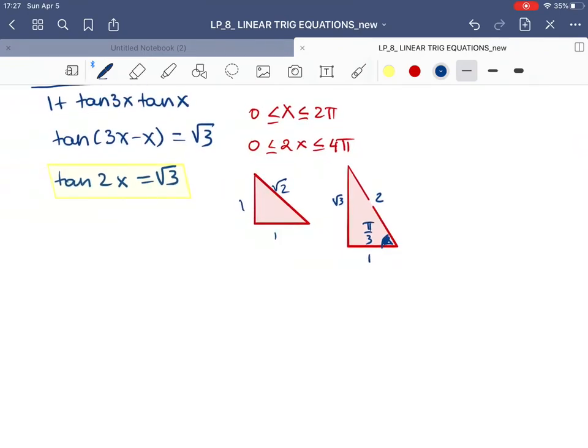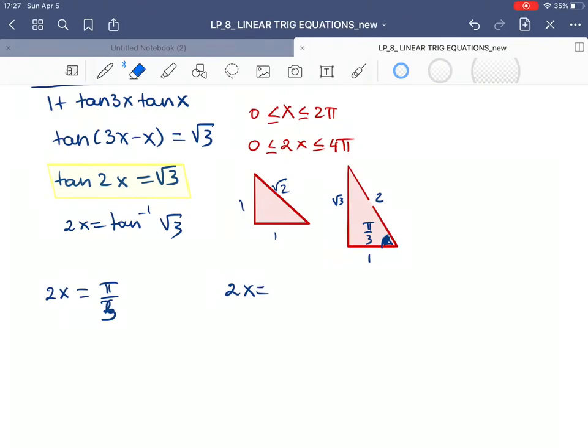Okay, so we're going to list our solutions. So we're going to say 2x equals inverse tan root 3. So 2x equals pi over 3, and 2x equals 4 pi over 3.